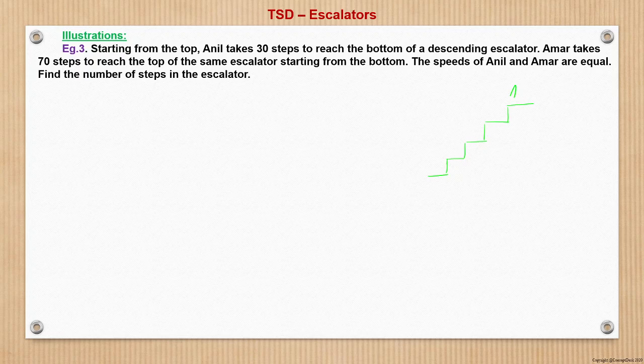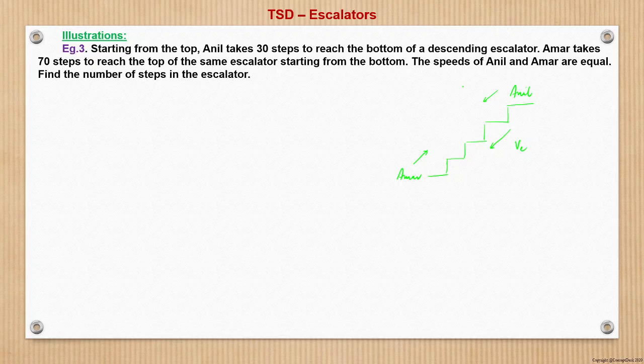Anil starts from the top, and the escalator is descending, moving downward at Ve steps per second. Anil also moves downward. Amar starts from the bottom and goes up. So this is the scenario.